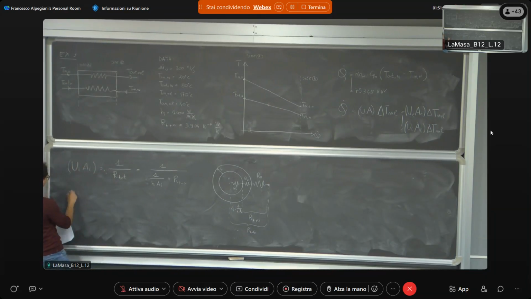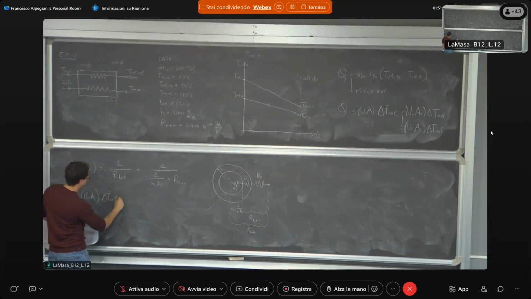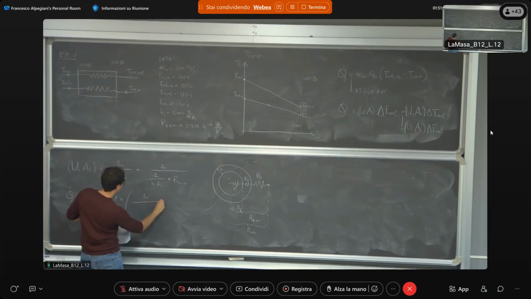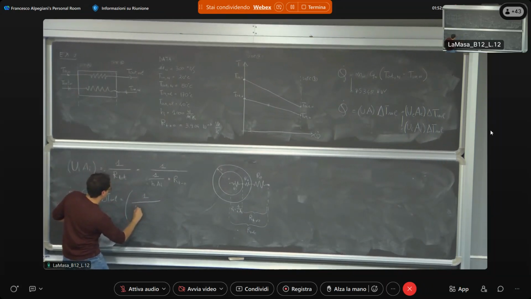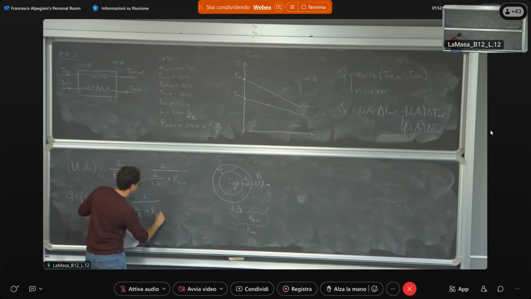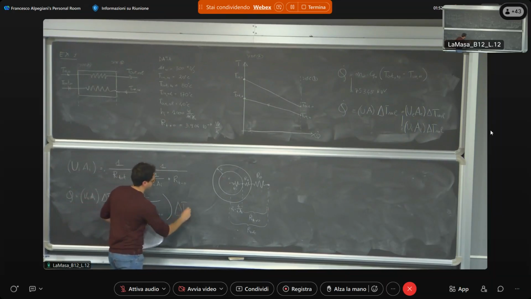So Q will be equal to, as we have said before, Ui times Ai times delta T ml, which is equal also to 1 divided by 1 divided by hi times Ai plus Rt plus o, times delta T ml.